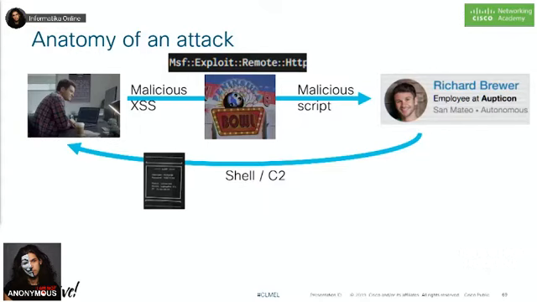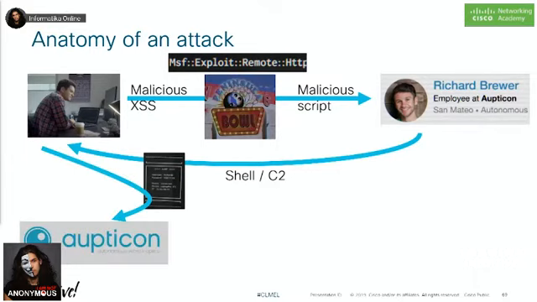If you go and watch this video later, his machine gets compromised by some vulnerability on his machine. And a bit like in the previous video, there's a command and control session set up. So some sort of shell goes back to our attacker, and now he's got that admin control. Of course, in this case, Richard goes back into his company, which is Opticon, and now our attacker's got some sort of presence inside that business.